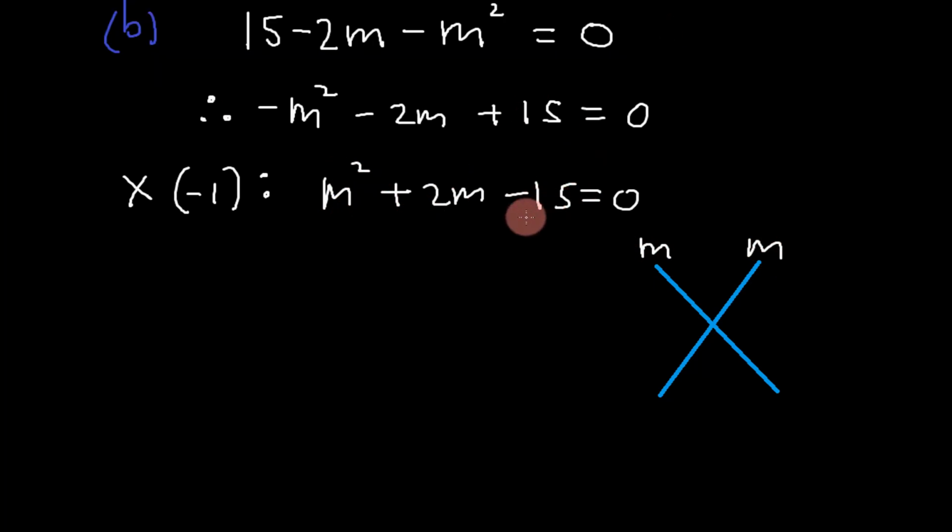Of course, for 15, the factors are 1 and 15, and 3 and 5. We need a middle term of positive 2m. In other words, we need a 2 here. Now, the difference between 3 and 5 is equal to 2. So we know that we're going to use 3 and 5 as factors of 15.